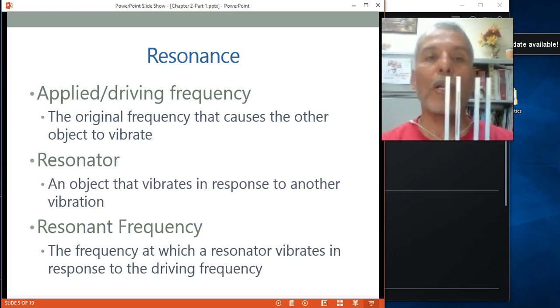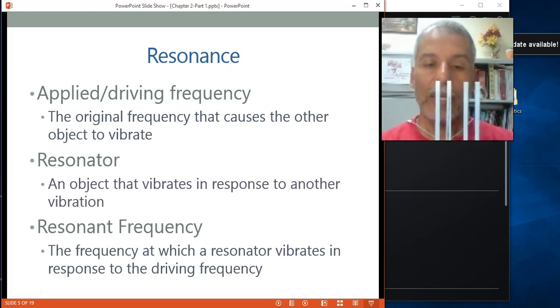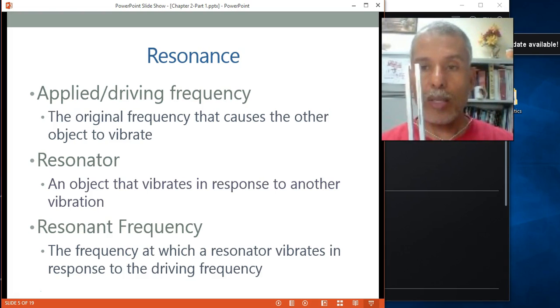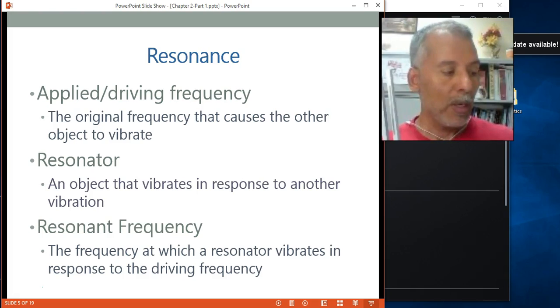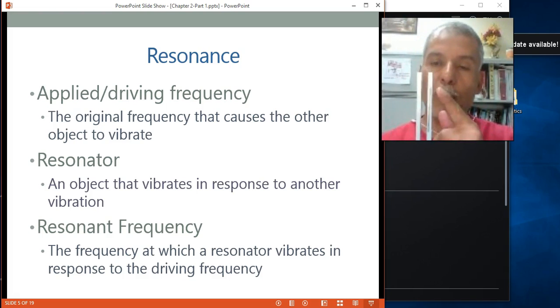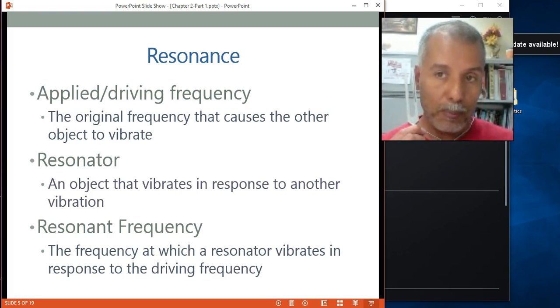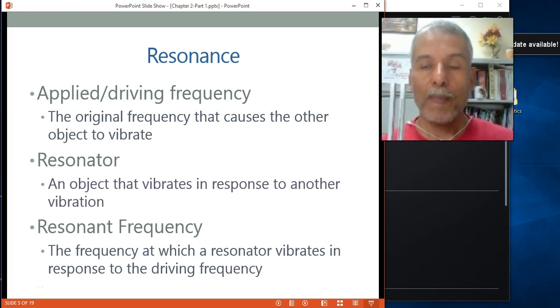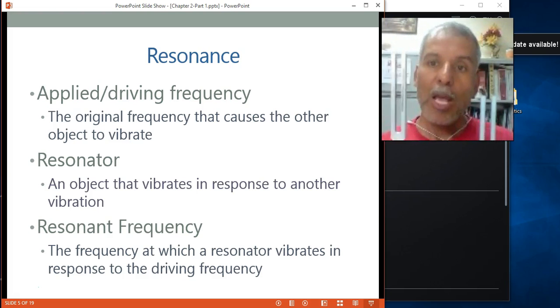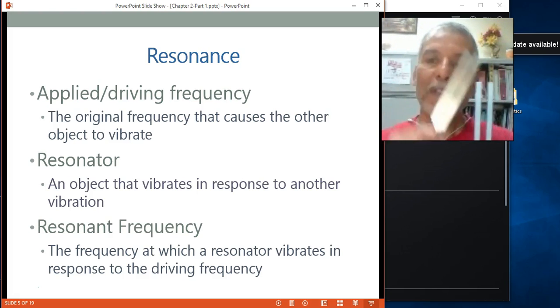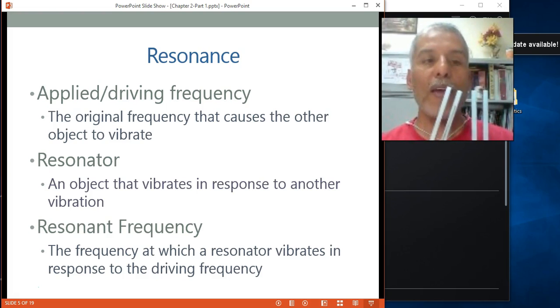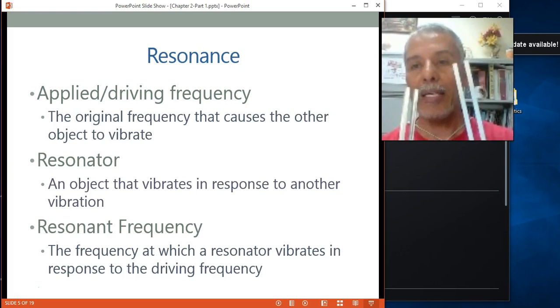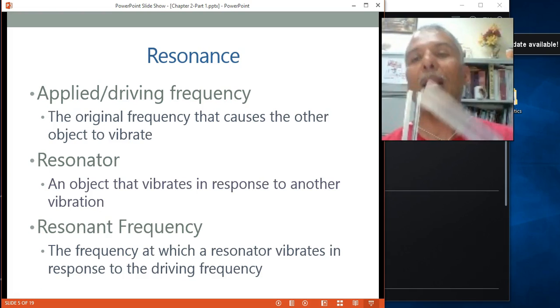Since they have the same frequency, if I take away the one that I hit, this tuning fork will be vibrating. I can hear it buzzing, even though I did not hit this one. What happened was that this tuning fork resonated; it echoed the wave that was applied to it.